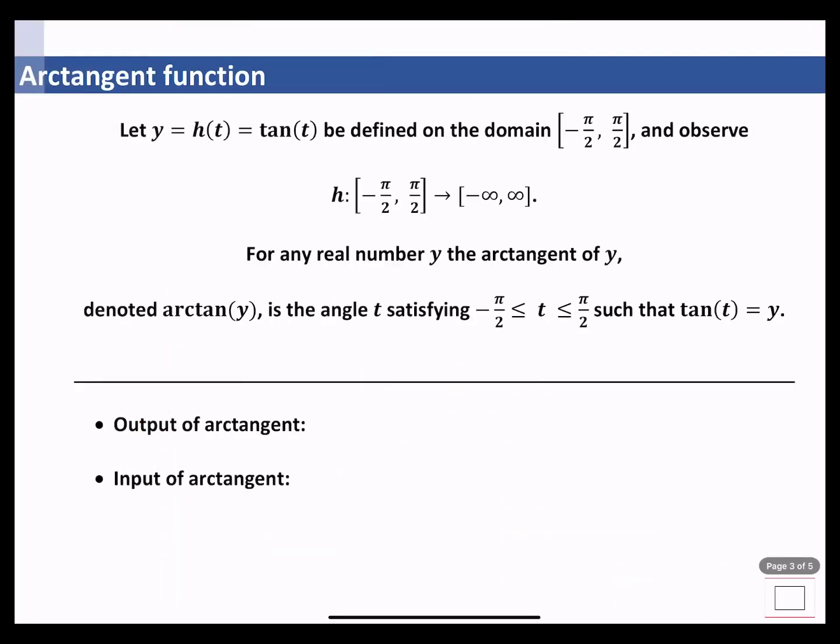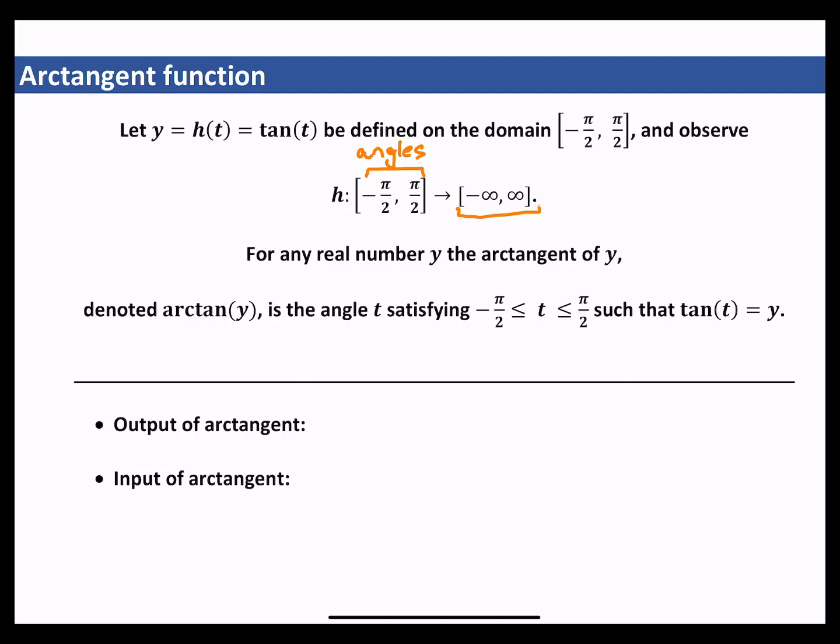The restricted version of the tangent function we saw on the previous slide has an inverse function that we call the arctangent function. We formally define the arctangent function this way. Let y equal h of t equal the tangent of t be defined on the domain from negative pi over 2 to pi over 2 inclusive, and observe h takes angles between negative pi over 2 and pi over 2 and pairs them with outputs between negative infinity and infinity, or all real numbers.